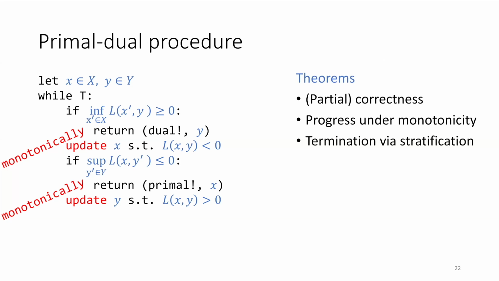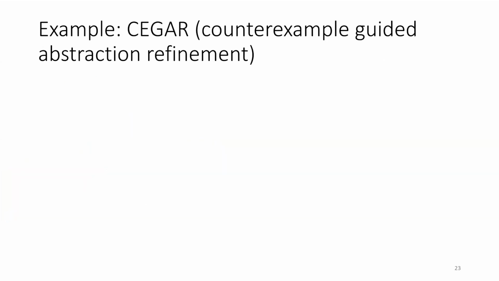It's very straightforward, and it gives us some theoretical properties like partial correctness and progress. If you also stratify one of these sets, you get guaranteed termination. What's really cool about this very simple algorithm and this Lagrangian framework is that it can describe many existing algorithms in verification. I'll give you a couple of examples.